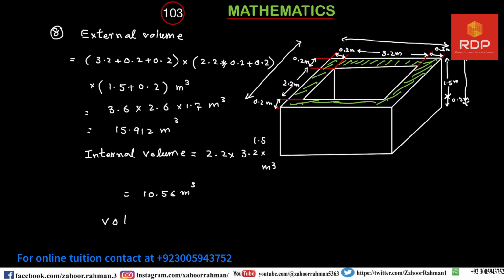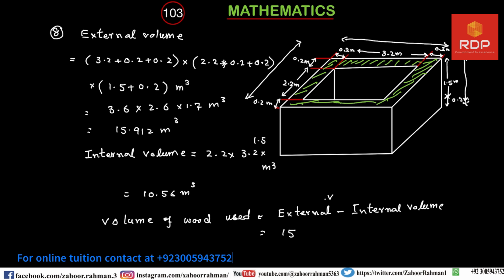So we are writing it here, volume of wood used will be equal to external volume minus internal volume. This will be external volume and this will be internal volume. We have to simply insert the values.